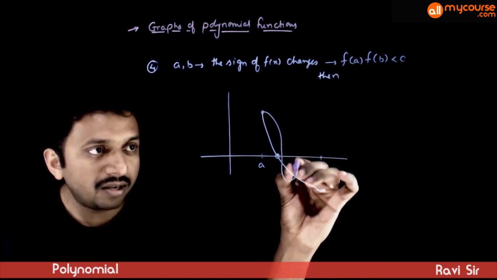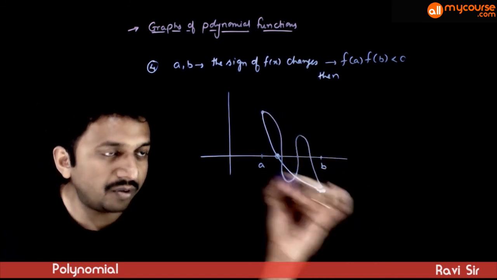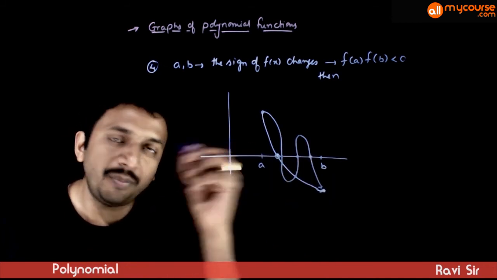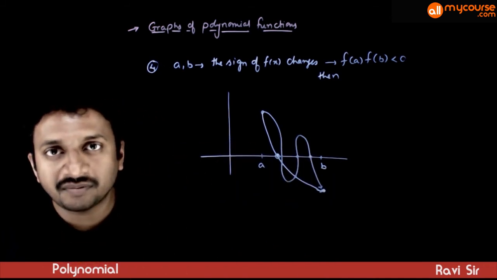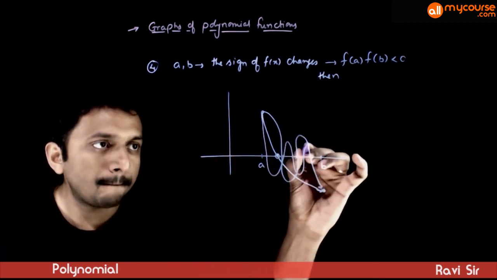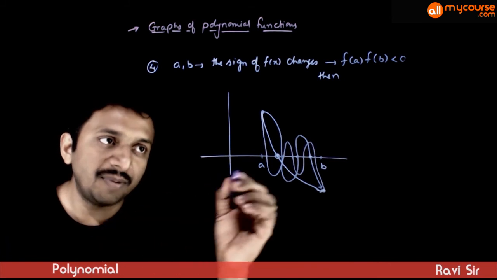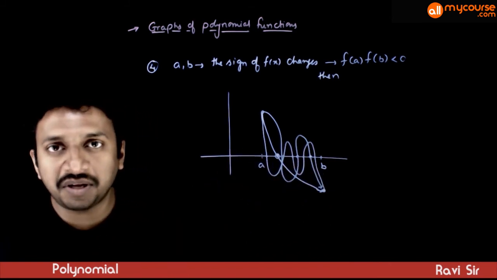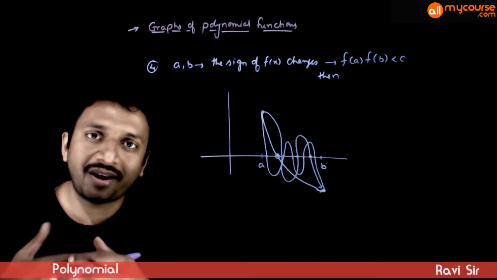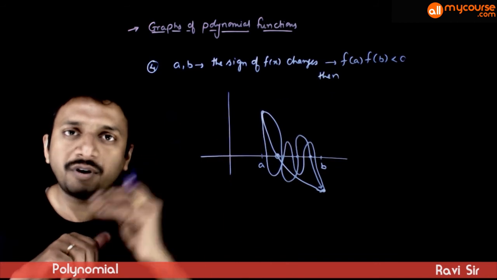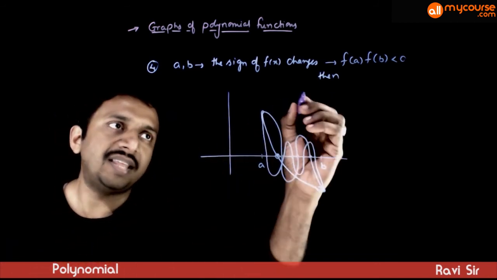It can go down, go up, and then come down to this point. That means the graph is cutting the x-axis at 3 points between A and B. Or it can move like this. That means the graph is cutting the x-axis at 5 points between A and B, or 7 points, or 9 points, and so on.